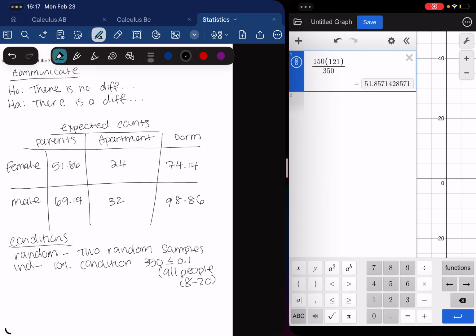That's important because we weren't just looking at all people. We were only looking at people in that age group. And then for the last one, large counts, we state that all expected counts are greater than 5.